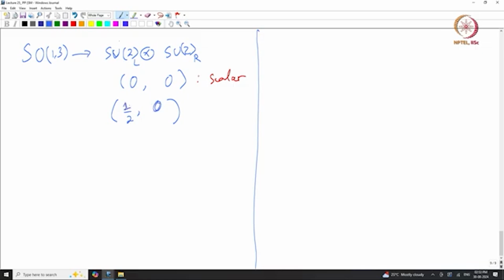The representation itself can be written as a half, okay, and that is a left handed Weil spinor, okay. What is another equivalent I can write? I can of course write a right handed Weil spinor.